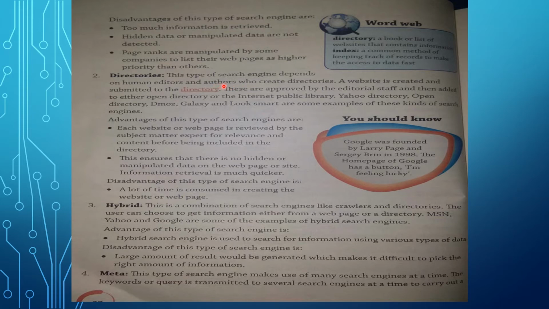So who creates directories? A website is created and submitted to the directory, and you know that a directory is called a book. After submission, it is approved by the editorial staff and then added to either the open directory or the Internet Public Library.